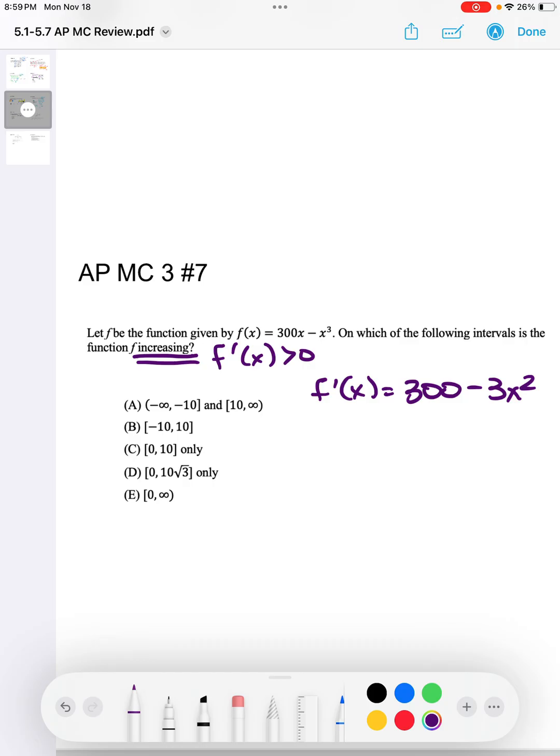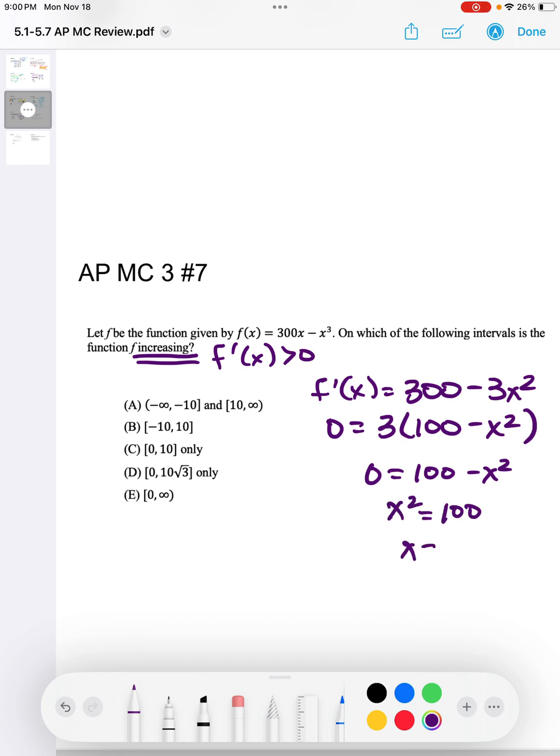I can factor out a 3 to get 3 times (100 minus x squared). And then it's set equal to 0, so 3 is never going to equal 0, but I can set that inside piece equal to 0. So that I get x squared equals 100, so that x is equal to plus or minus 10.